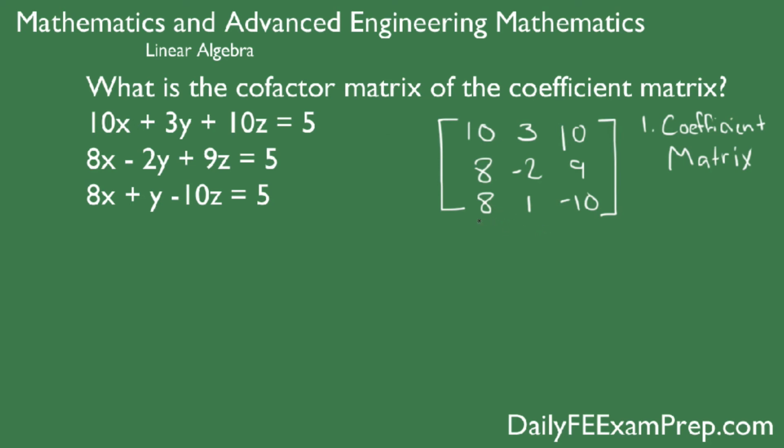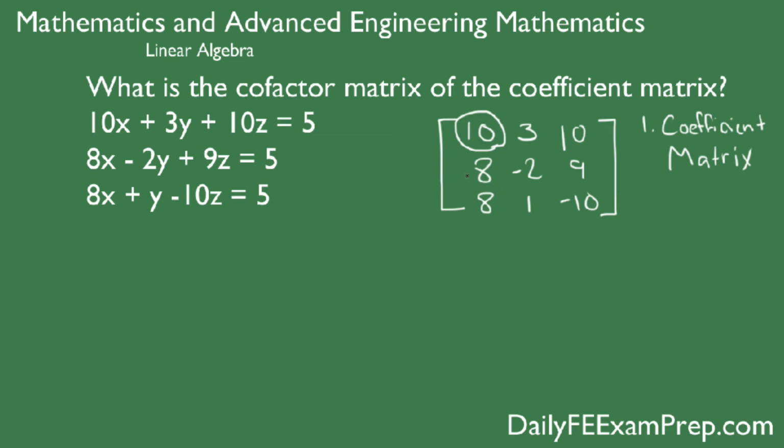Now step two is we need to find the determinants of the matrix minors. The way that we're going to do that is we cross out the corresponding row and column and keep the elements that are left. For example, if we were to do this row 1, column 1 coefficient, we want to find the cofactor.